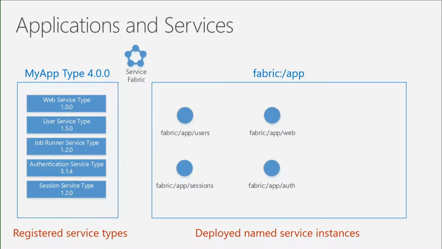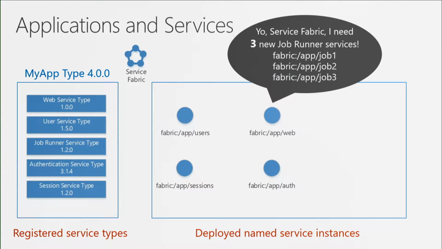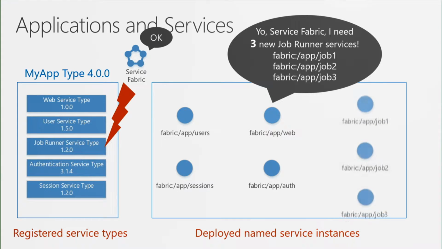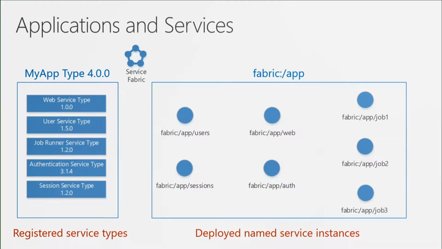So that means you can do really interesting things. Like, for example, you can have a service whose job it is to just create more services. So you can ask Service Fabric, you can say, I want 3 new named instances of the job runner service type at any time. Not deployment time, but any time at runtime, you can do this, okay? And Service Fabric goes, yeah, all right, sure, and creates those new things for you. Now you have new services up and running. And you can do this indefinitely.